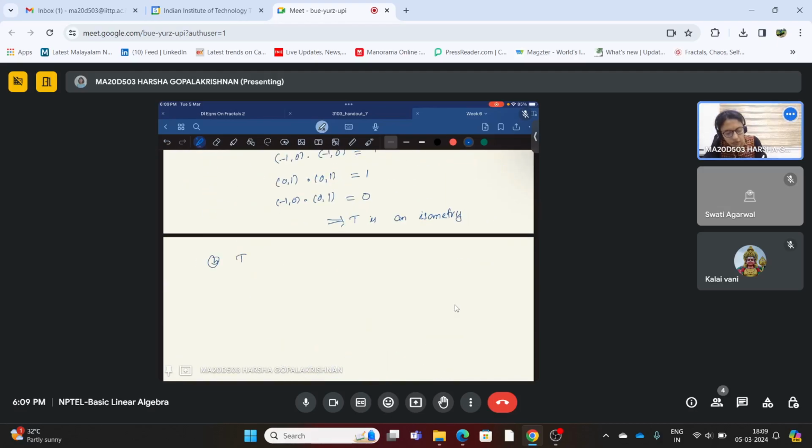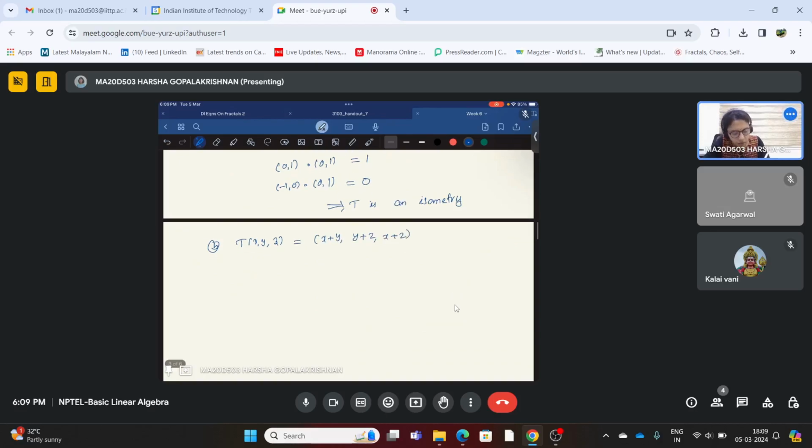T of (x, y, z) equal to (x plus y plus z, x plus z). Now, what is norm of T(x, y, z)? It is norm of (x plus y plus z, x plus z). Okay, can anyone say what this value is? By definition, what is this norm?